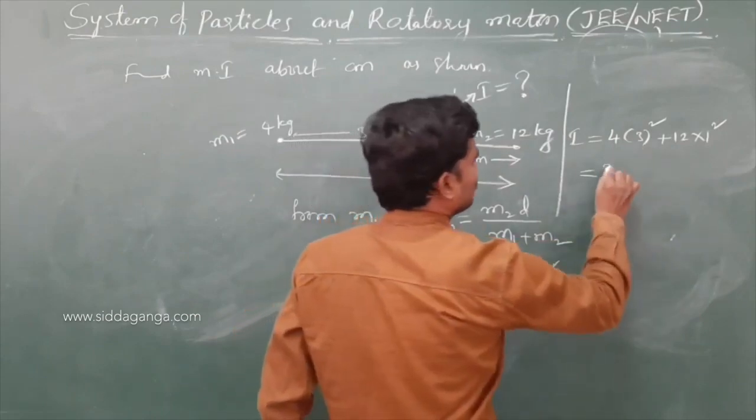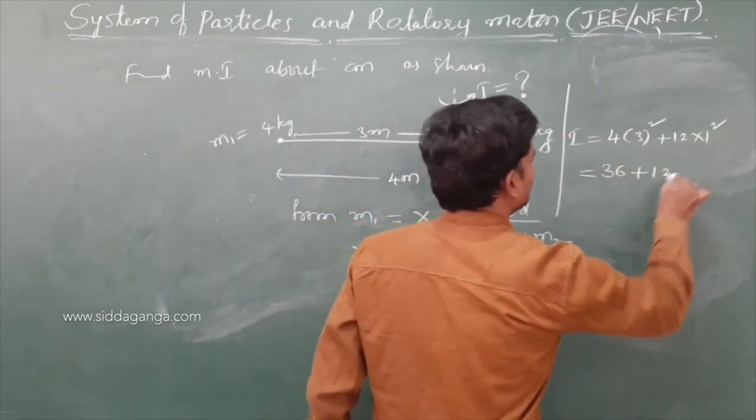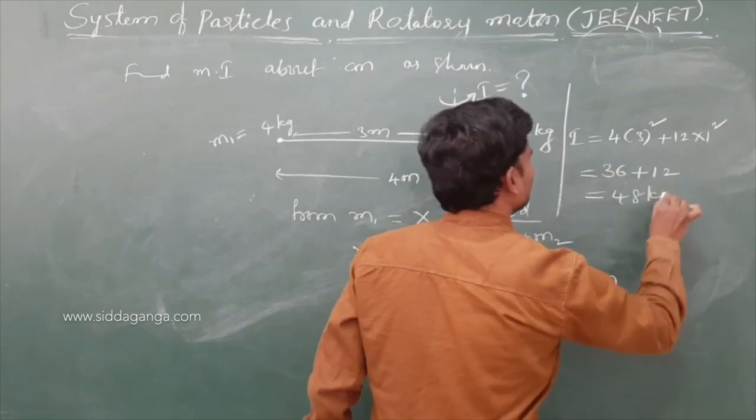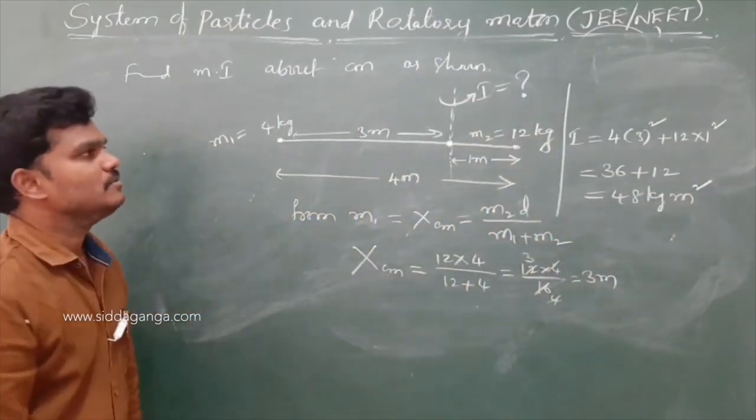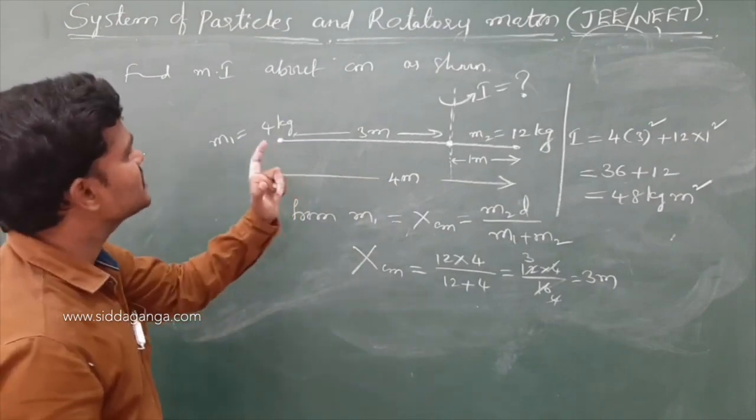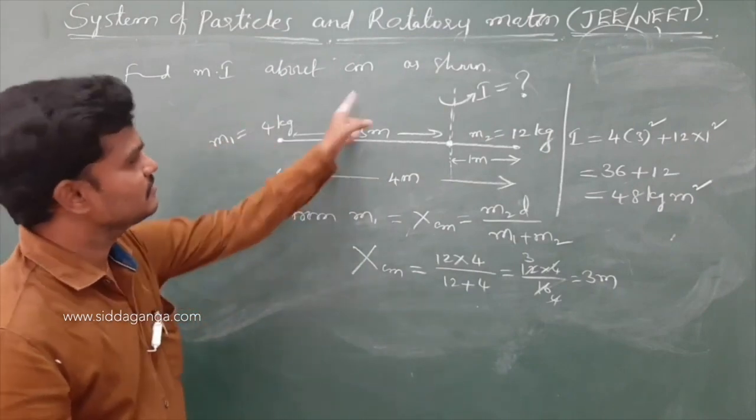So 9 4s are 36, plus 12. The answer is 48 kg meter square. This is the moment of inertia about the center of mass of the system.